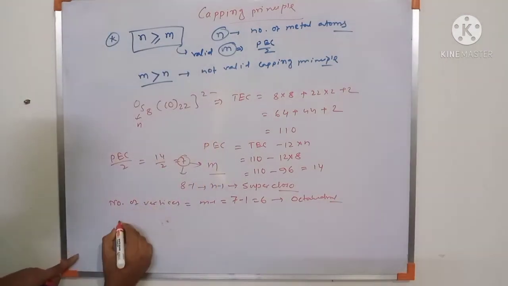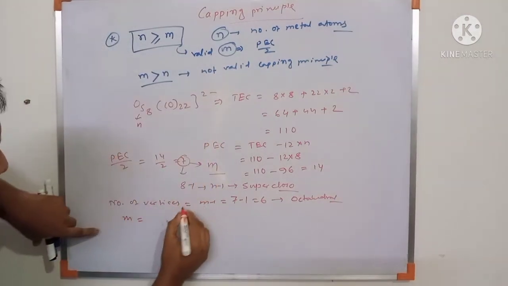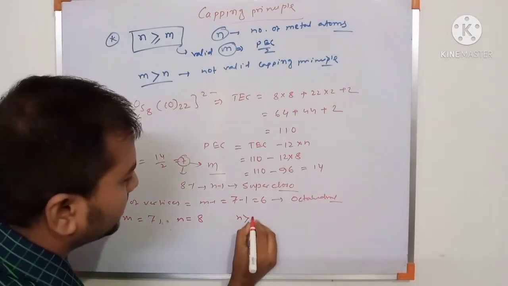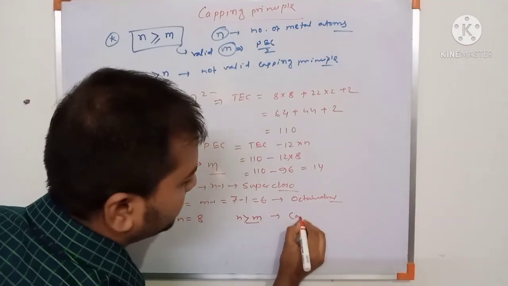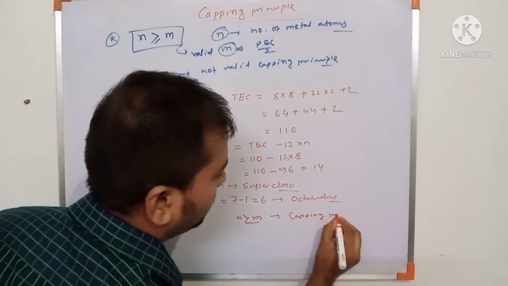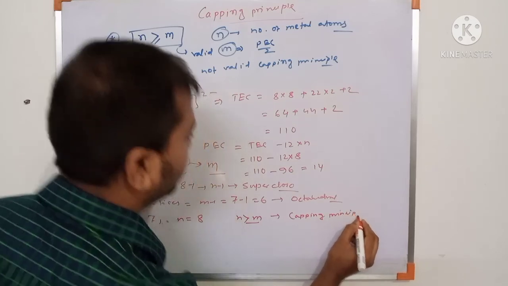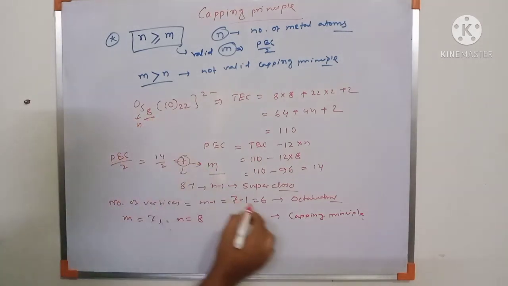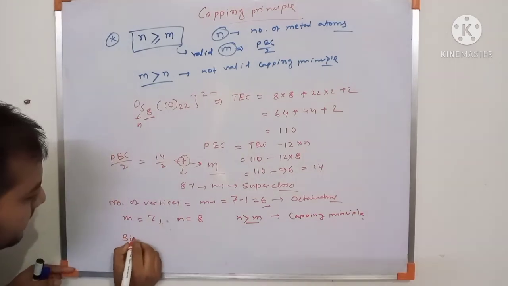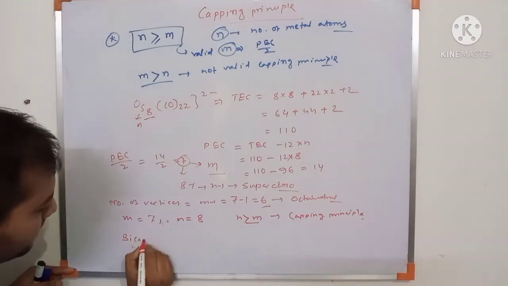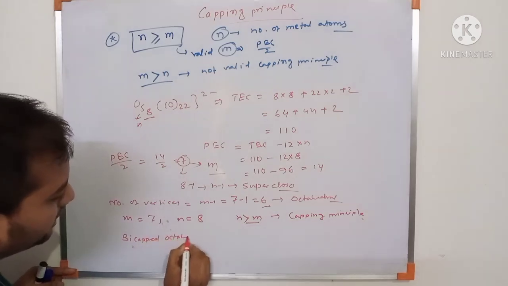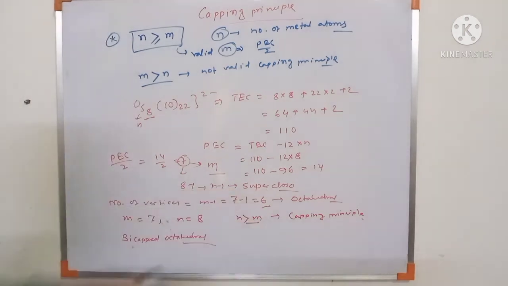But M equals 7 and N equals 8, so N is greater than M and the capping principle is valid. How many metals are capped? 8 minus 6, so 2 metals are capped. So this is a bi-capped octahedral structure, and also superclosure.